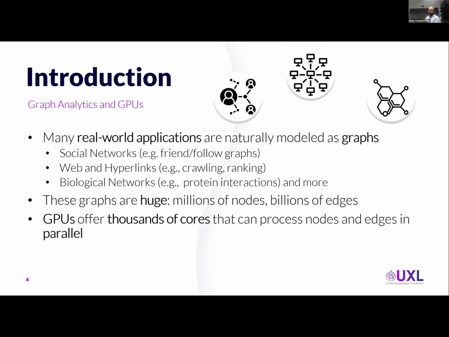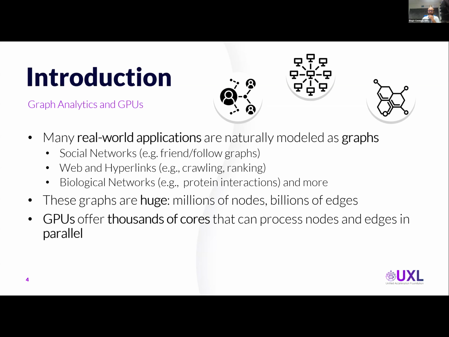We need graphs if we want to analyze biological networks. Those graphs, specifically social networks or hyperlinks, are very huge: millions of nodes, billions of edges. So we need computational power, and here we have GPUs with many cores that can help with the processing.